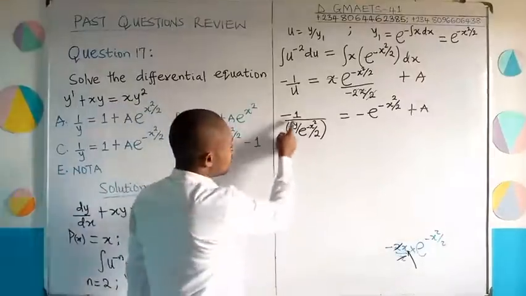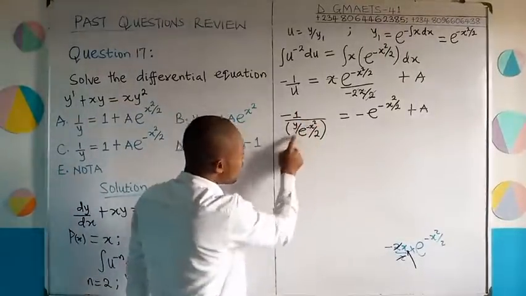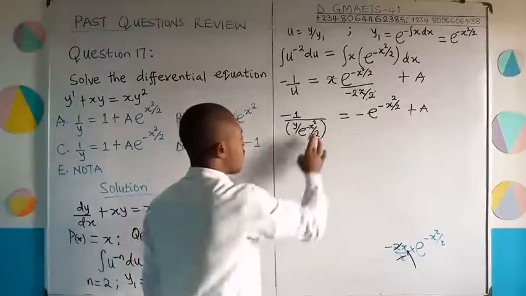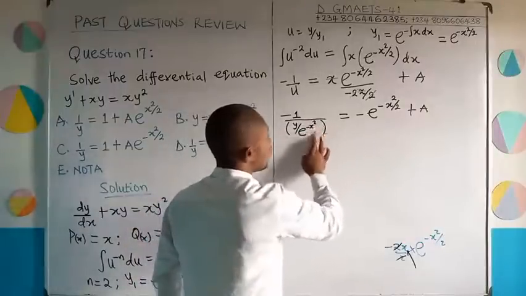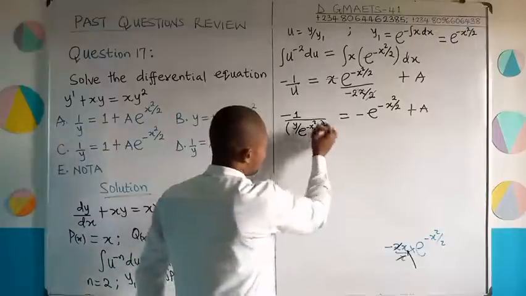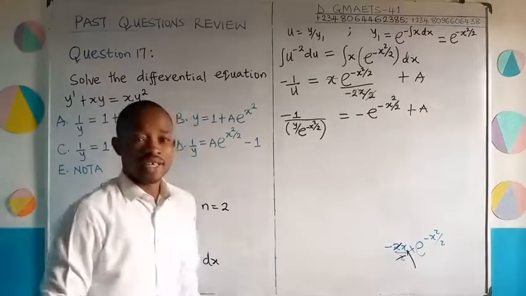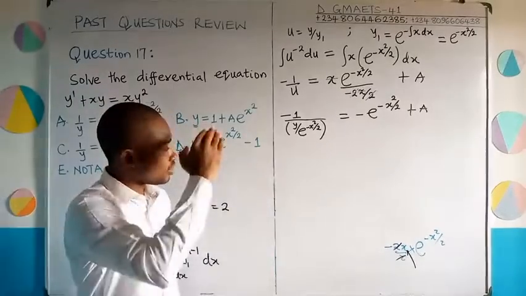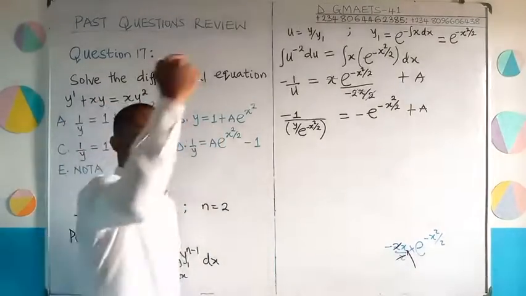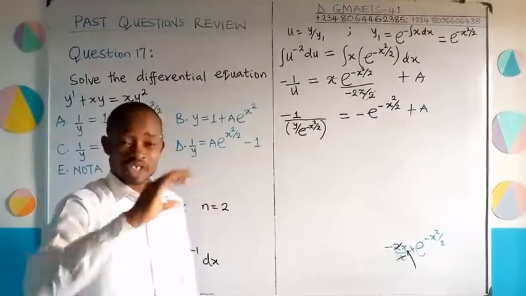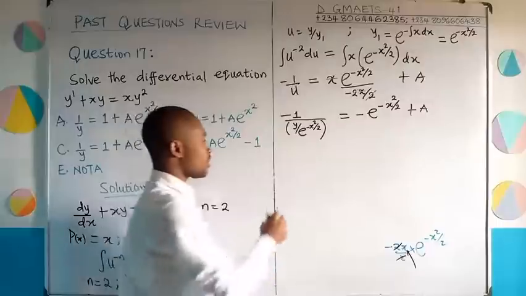Then again, watch. 1 over y over exponential minus x squared over 2 all over 2. Are you following, right? Exponential minus x squared over 2, please. I have to be careful of the way I write this. The over 2 is only affecting the negative x squared. Mathematically, that exponential term will go up. Division of fraction, that's just simple arithmetic.